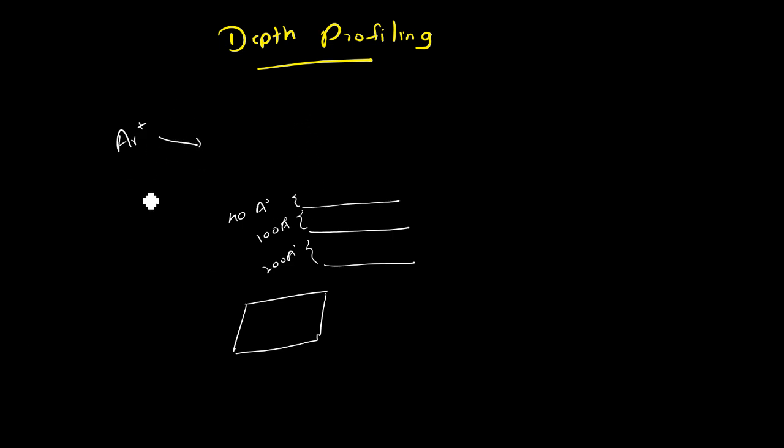So we stop the bombardment, and now we do the AES process again. We use some high energetic electrons and send them in. The electrons in the Auger process will kick out some electrons on the lower levels, higher level electrons will come down to fill those vacancies, and an Auger electron will be released.